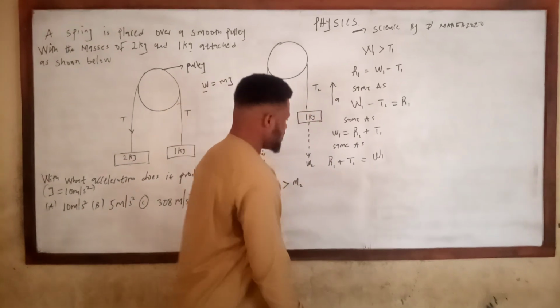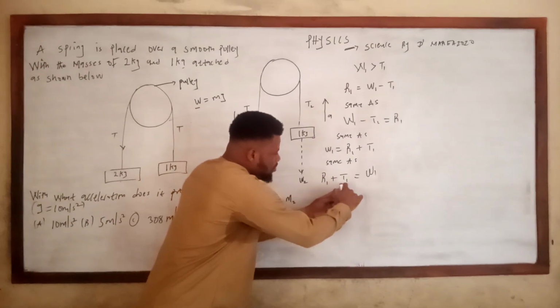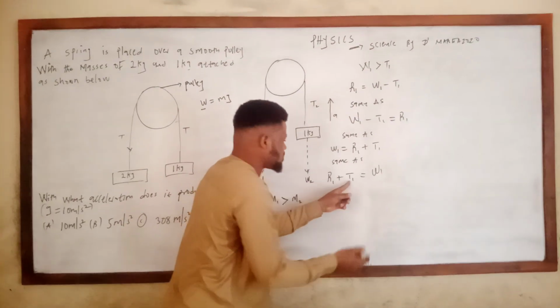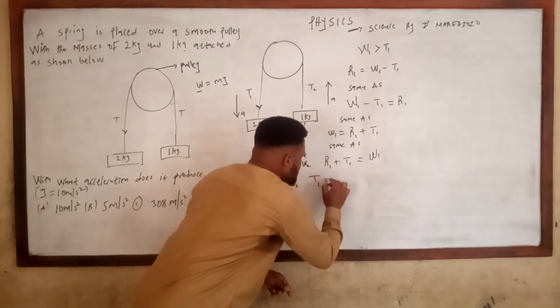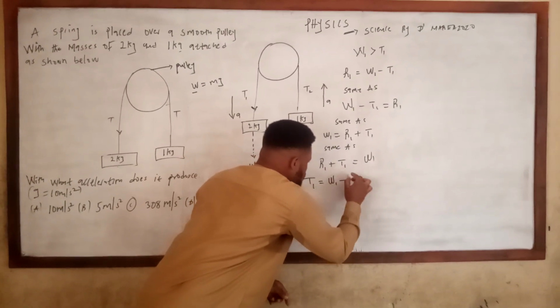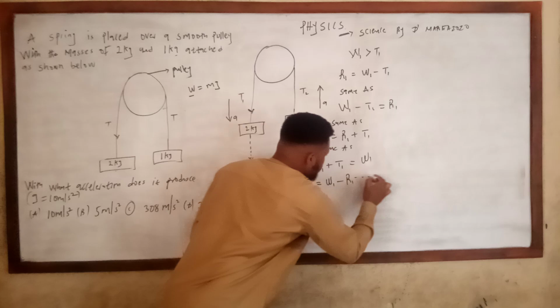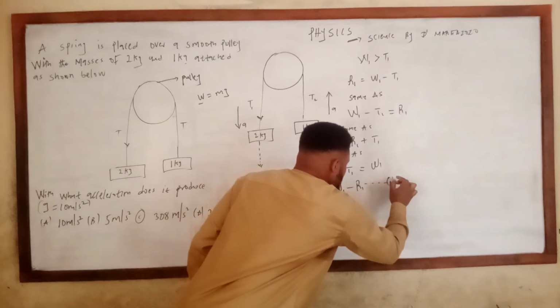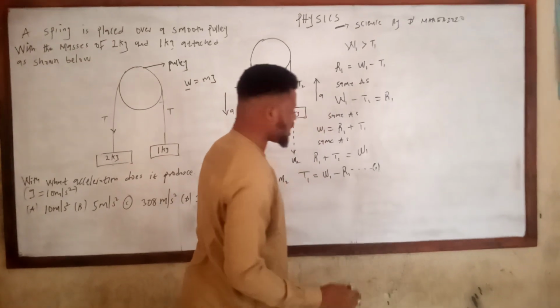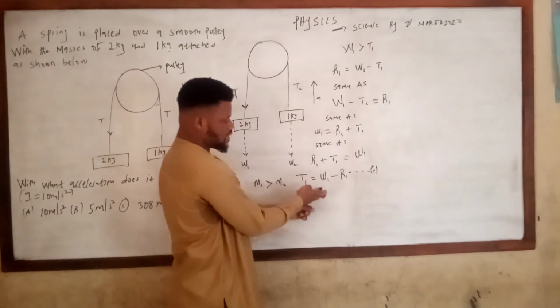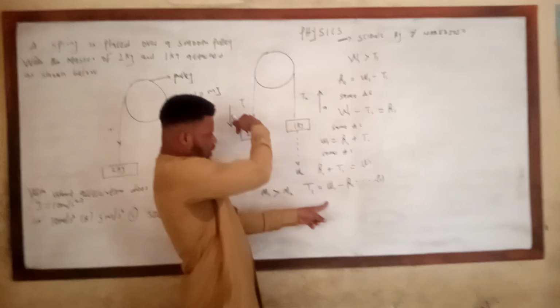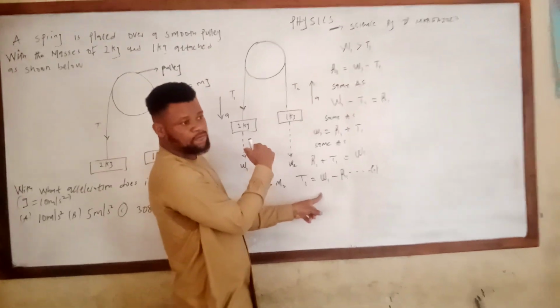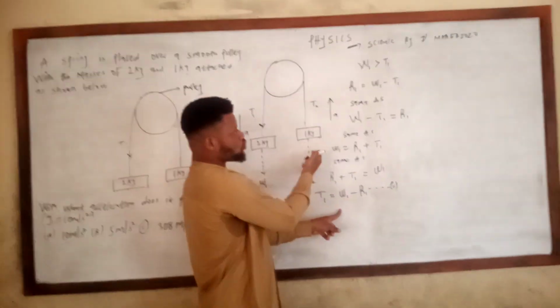Making T1 the subject of the formula, T1 equals W1 minus R1. I will call this equation 1. This equation is with respect to the downward acceleration.